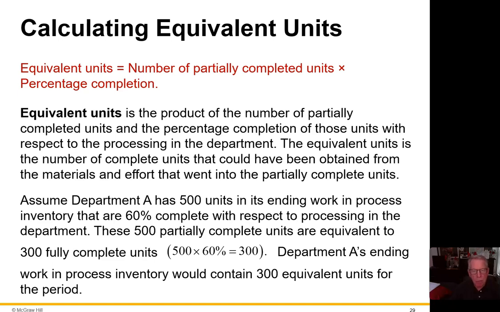These 500 partially completed units are equivalent to 300 fully completed units, and we get that by taking the 500 units times the 60% completion to get 300 equivalent units. Department Alpha's ending work in process inventory would contain 300 equivalent units for the period. Very important concept, so make sure you understand that.